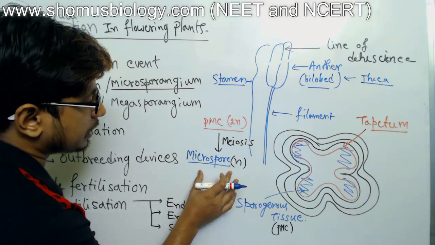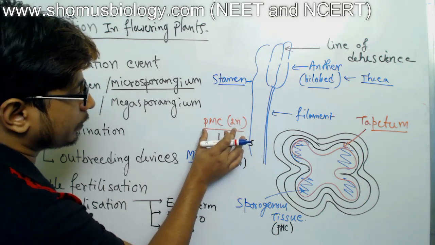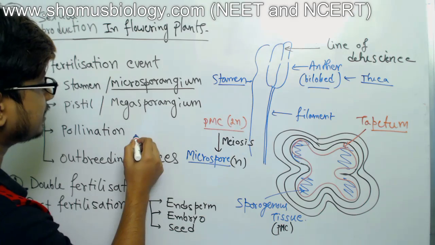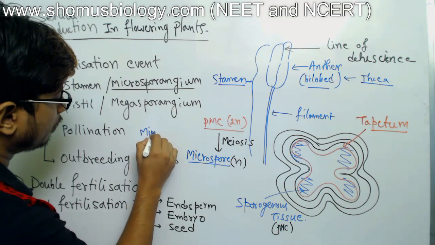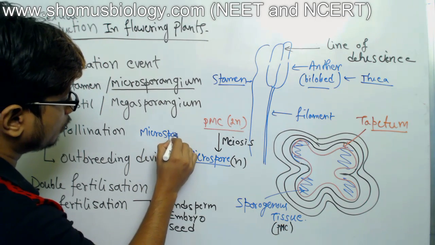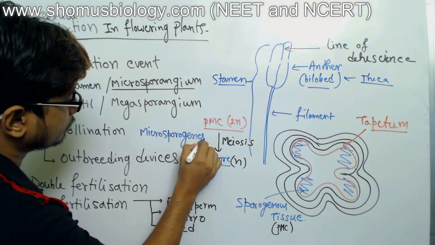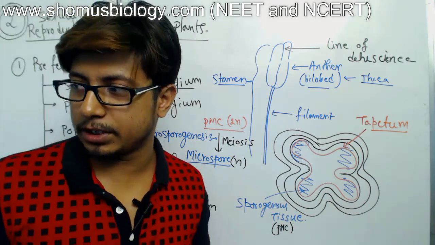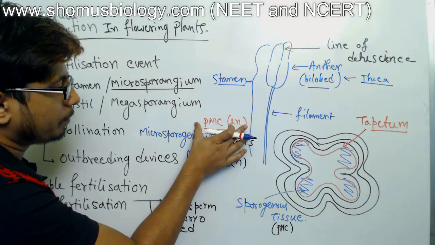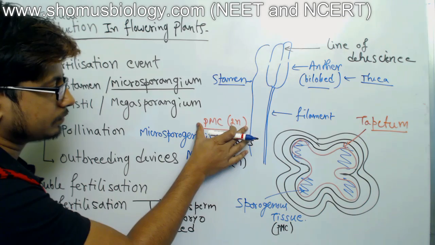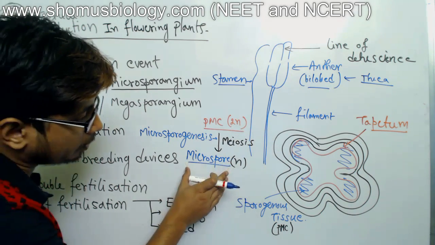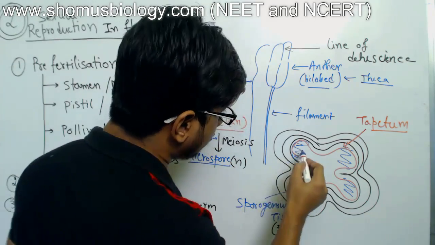So these microspores are produced from the PMC by meiosis cell division, and this process is known as microsporogenesis. Microsporogenesis is a process by which the pollen mother cell is converted into the microspore.